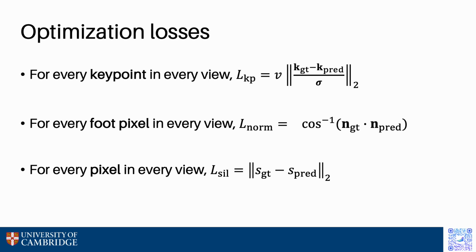For every pixel inside the foot in every view, we minimize the angle between the 2D surface normal prediction and that of our FIND model when differentiably rendered. We weight this by the predicted normal uncertainty. Finally, we also use a silhouette loss, which is an L2 loss between the silhouette obtained from our thresholded normal uncertainty and the differentiable rendering of our FIND model.